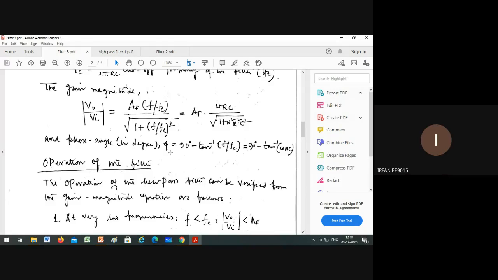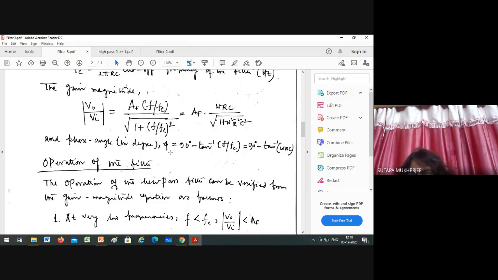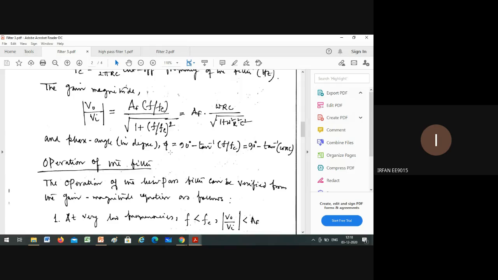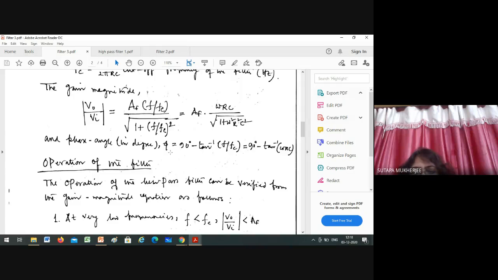At very low frequency, what will happen? F will be less than Fc. That is cutoff frequency. The low frequency, then what will happen? If F less than Fc, what will happen here?